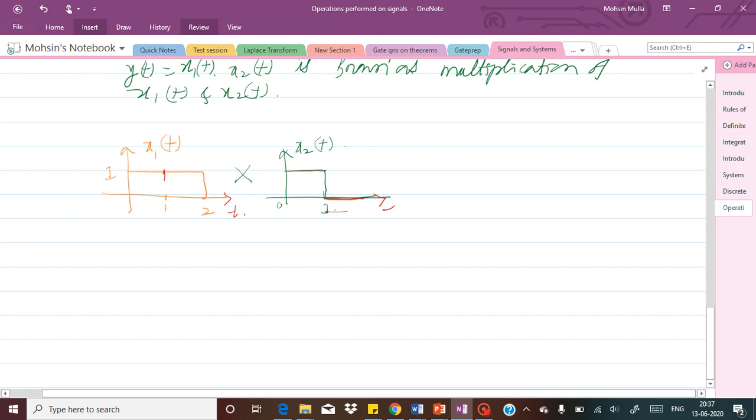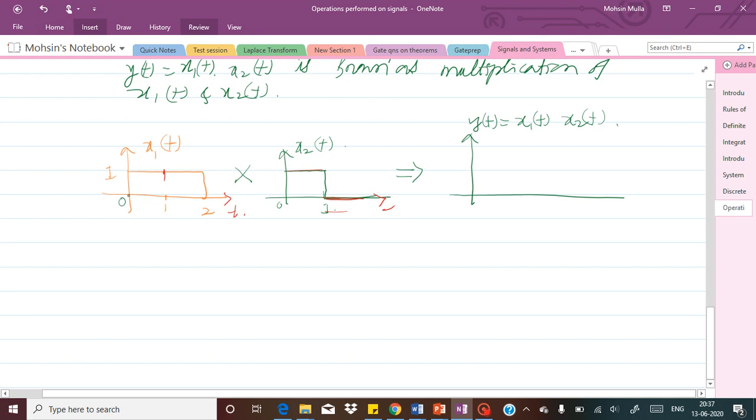The multiplication of these two signals results in a new signal indicated as y of t, written as x1 of t into x2 of t. We obtain y of t by multiplying the magnitudes of the two signals for the selected instants.